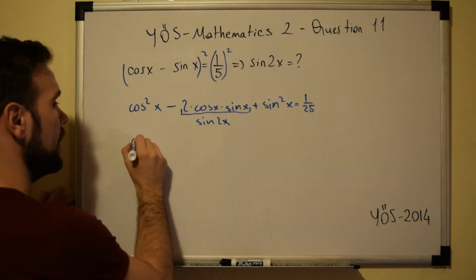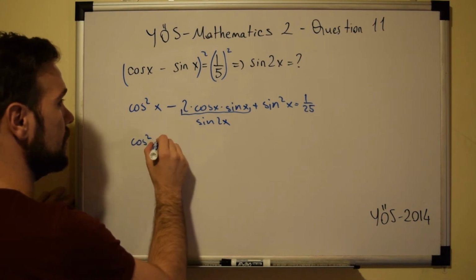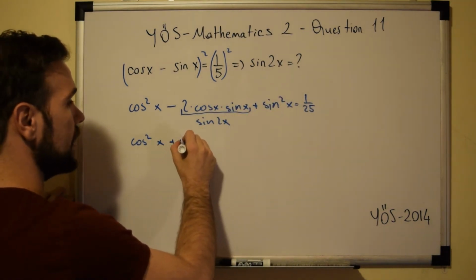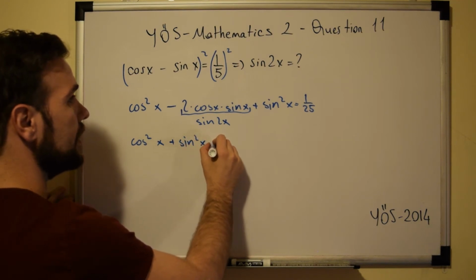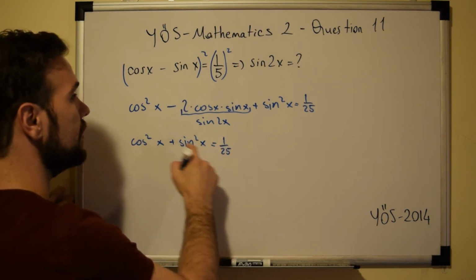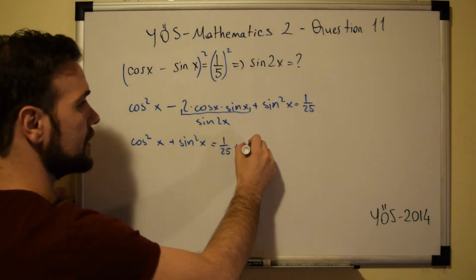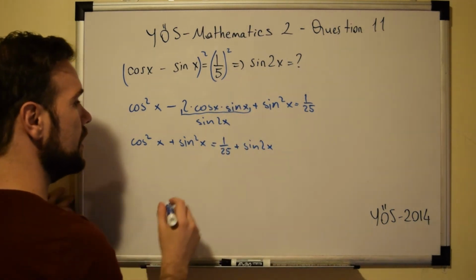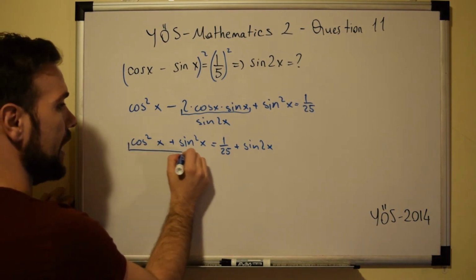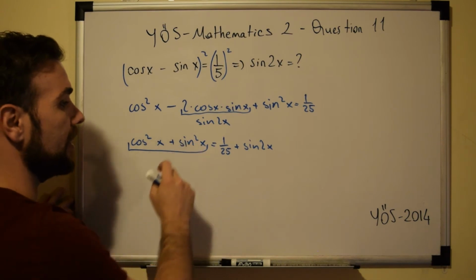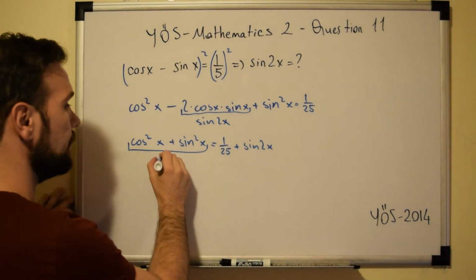Now what do we have? We have cosine square of x. I will take this to the other side, so plus sine square of x equals 1 over 25 minus 2 sine of x cosine of x, which when it goes to the other side becomes plus sine of 2x. Another thing we have to know is that cosine square of x plus sine square of x is always equal to 1.